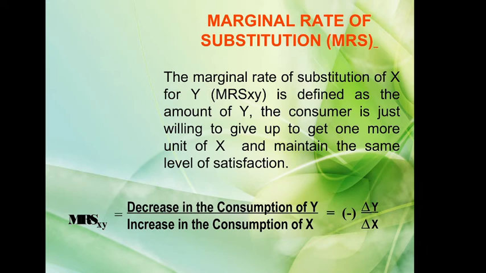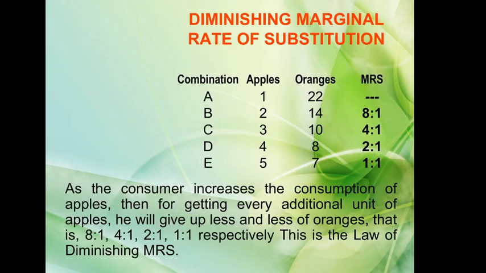In this we can say that a decrease in the consumption of Y means an increase in the consumption of X. For example, as we have seen, it shows the diminishing marginal rate of substitution.